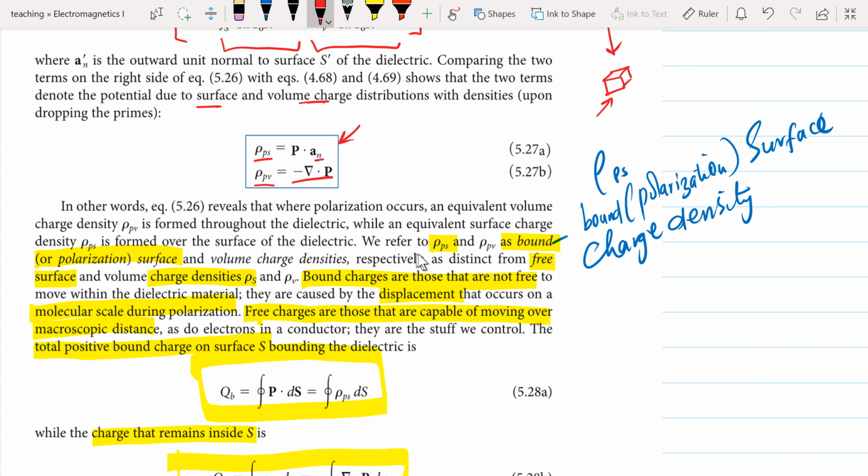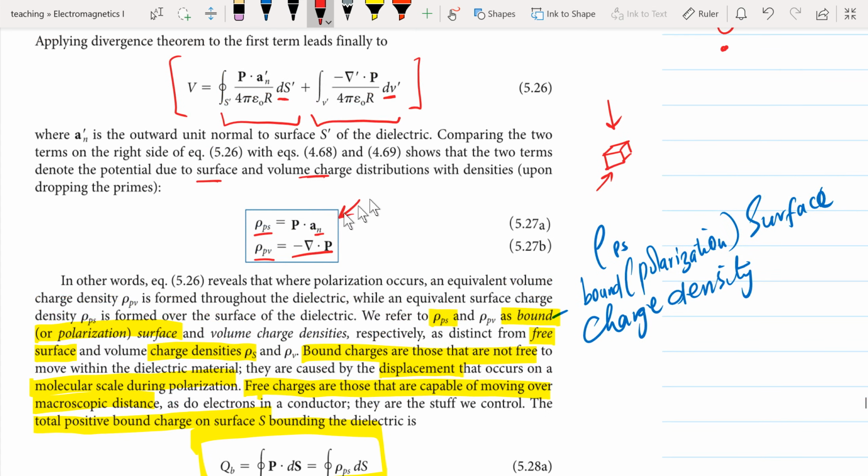So we think that equation 5.26 right here reveals that where polarization occurs, an equivalent volume charge density rho PV is formed throughout the dielectric, while an equivalent surface charge density rho PS is formed over the surface of the dielectric.